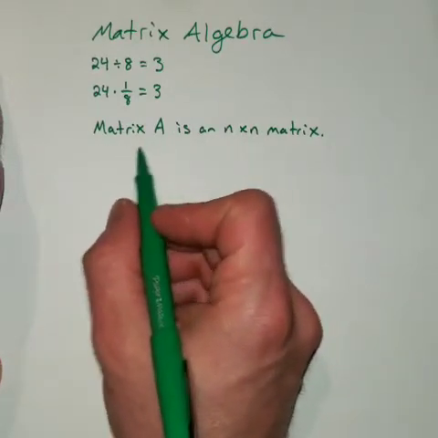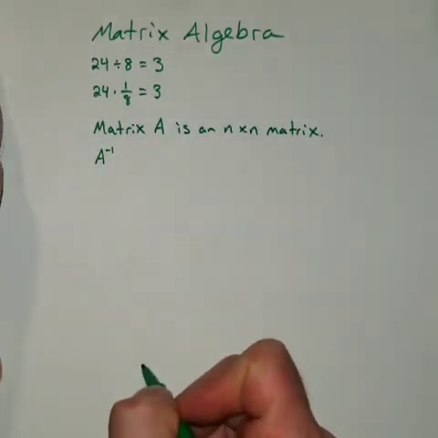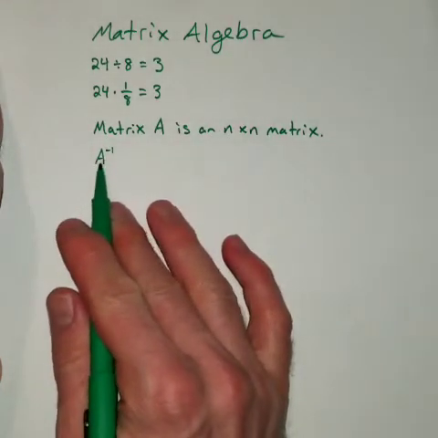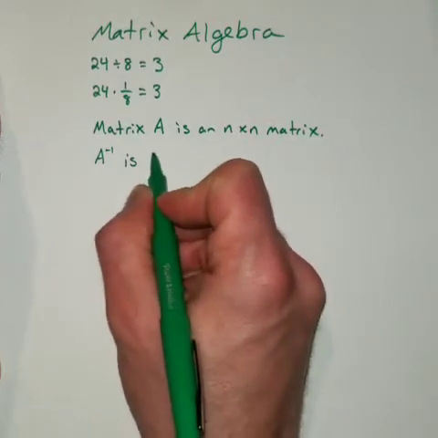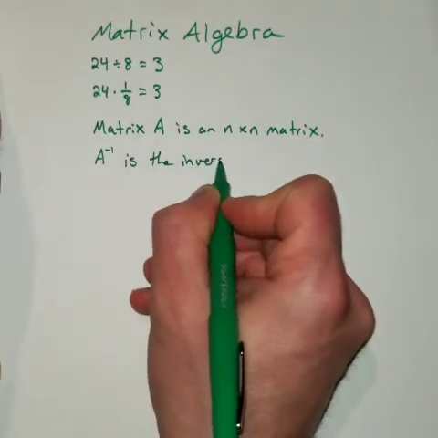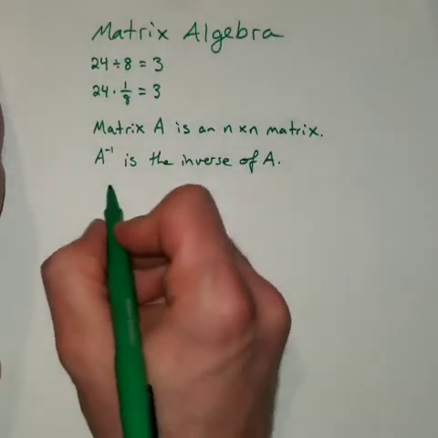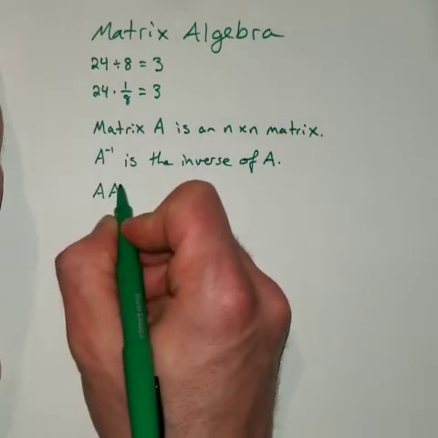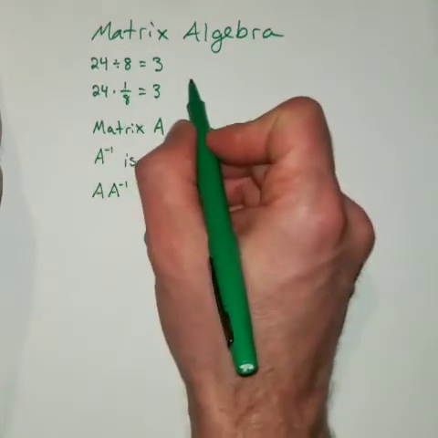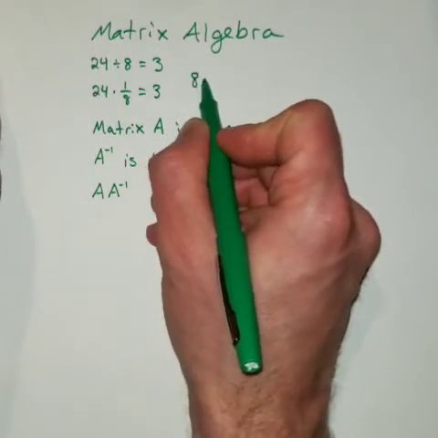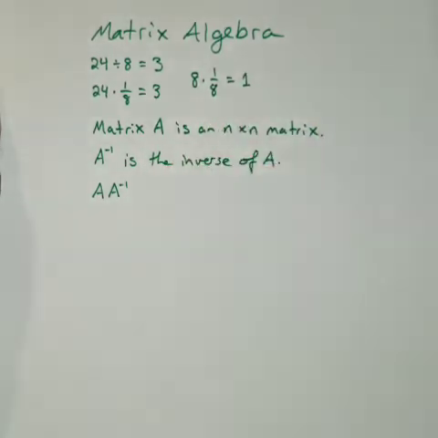if you knew its inverse, say A with this little -1 superscript, that's going to be your inverse notation. So A inverse, or A to the -1, is the inverse of A. Then we have this relationship that A times A inverse, anything multiplied by its own reciprocal or its own inverse, if you notice with real numbers here, if you multiply a number by its inverse, you should get 1.